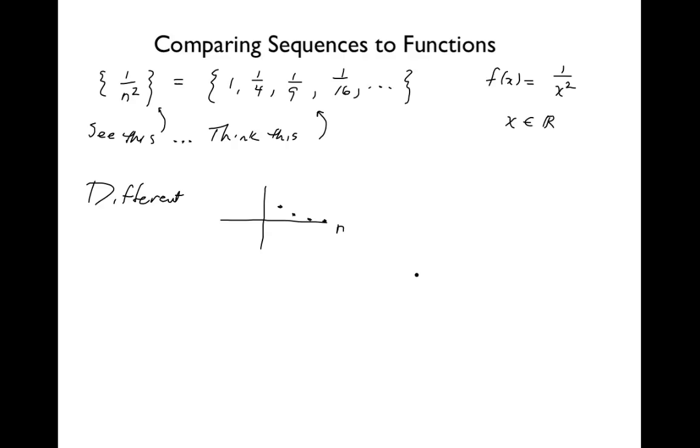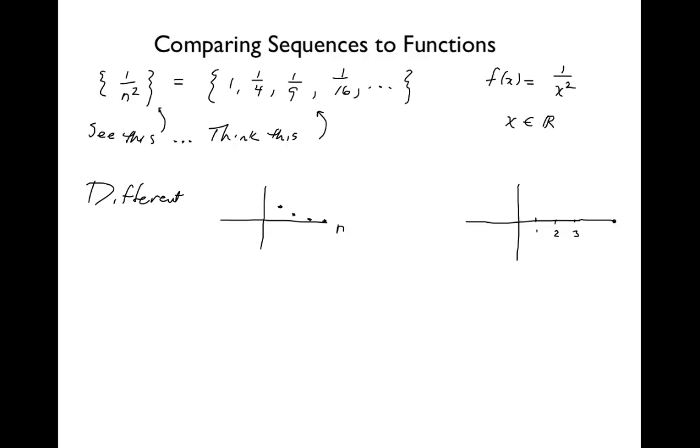Okay. And so then, what about the graph of 1 over x squared? At the natural values of x, you're going to have the same values of the function. So how do we express that?